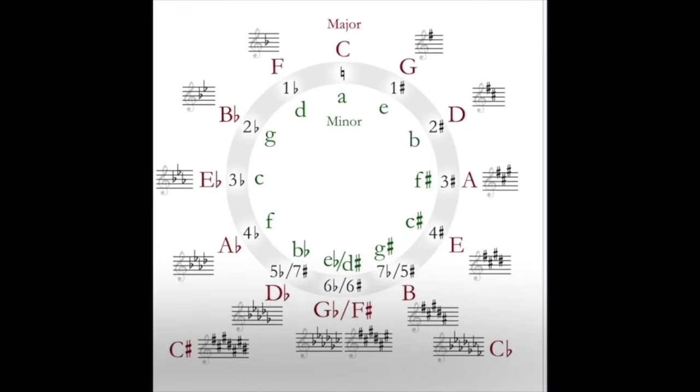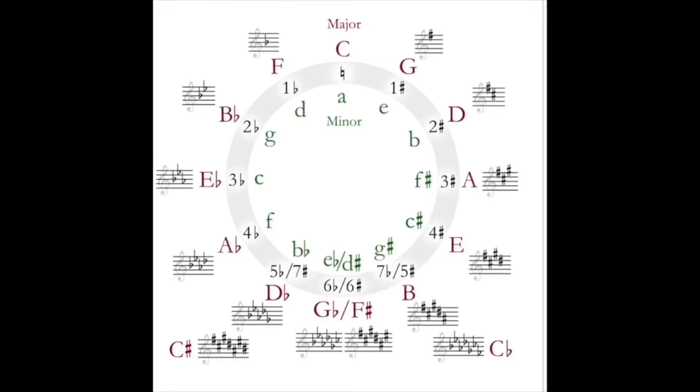Okay, so now this circle of fifths, let's see if I can pop that up here on the screen. The key of C here is the top. That's 12 o'clock. That's the most important one. And it even says there's no sharps or no flats.